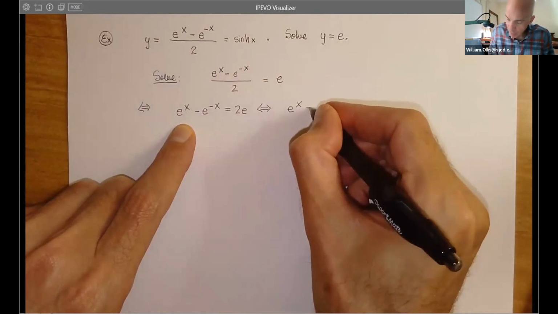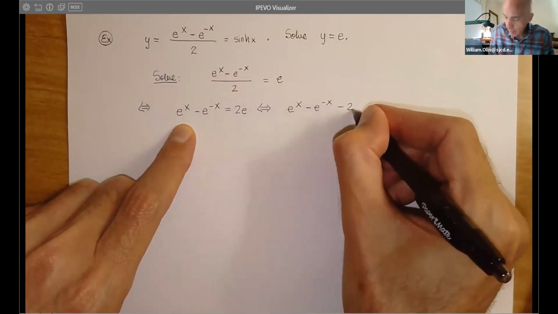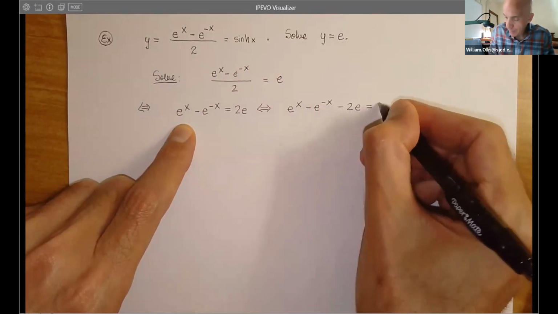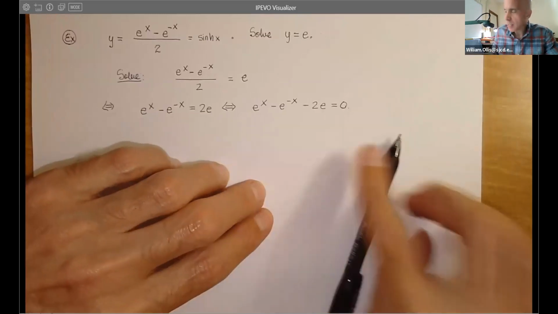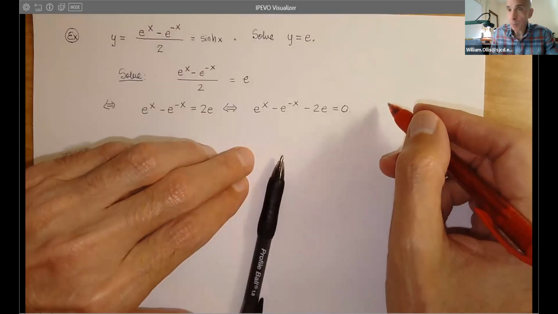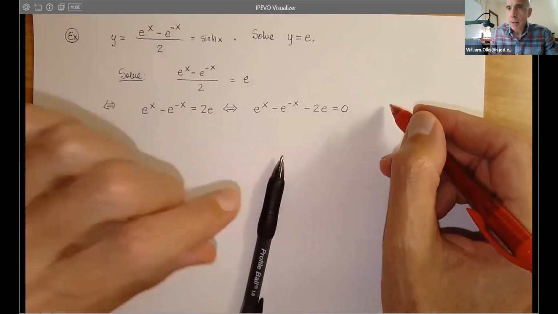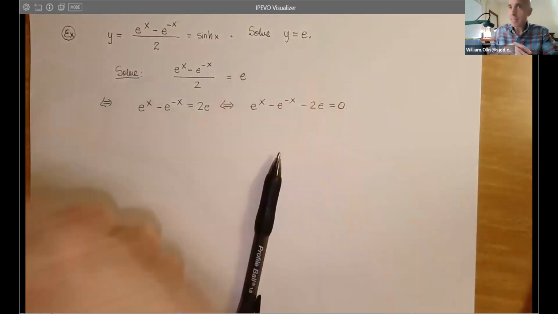So e to the x minus e to the negative x minus 2e equals 0. Now, you look at this and think, well, I could see trying to convert this into a quadratic form. This is a common technique in mathematics where we multiply by a convenient one.